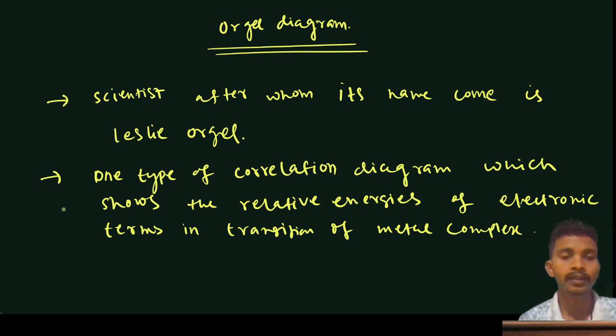So this diagram is one type of correlation diagram where we see the relative energies of electronic terms.